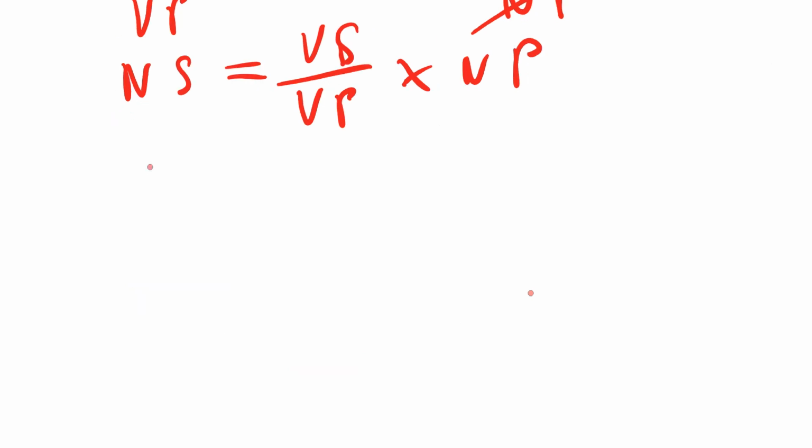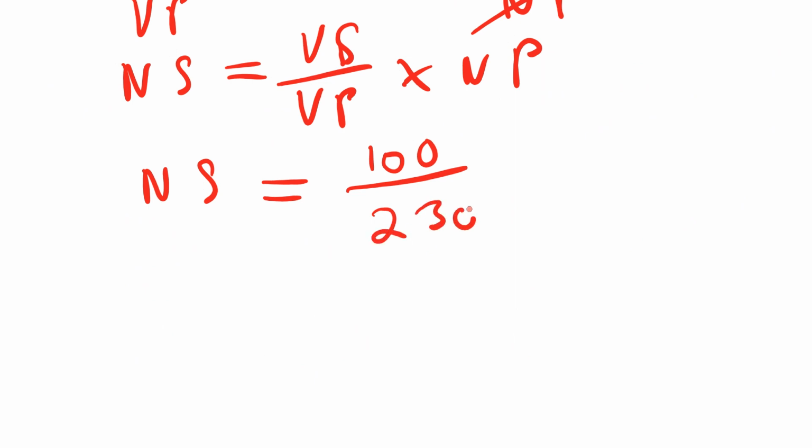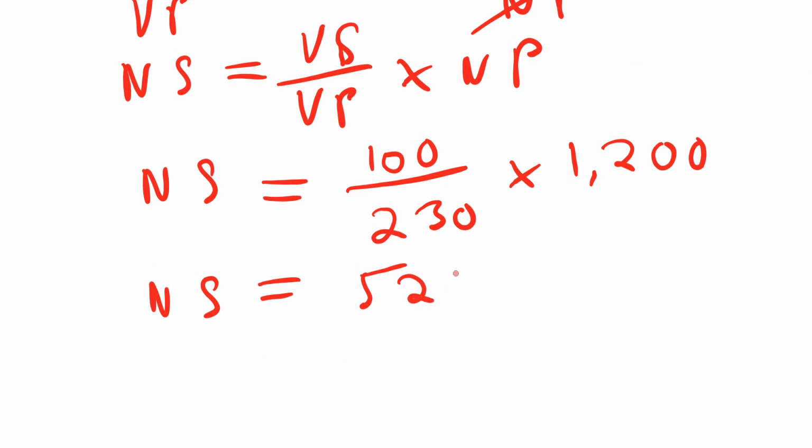Put in some numbers. Ns equals, Vs is 100, Vp was 230, and Np was 1200. Do the maths, and the number of turns on the secondary is 521.7 turns.